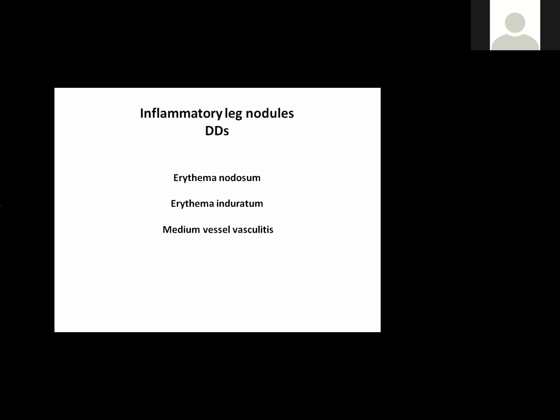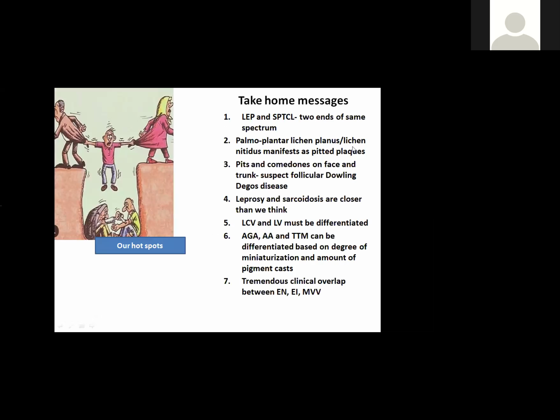So from these 7 tight spots that were extremely challenging to me, these are the various take-home messages. Lupus panniculitis and subcutaneous panniculitis-like T-cell lymphoma are probably two ends of the same spectrum. When we look at hyperkeratotic plaques with pits on the palms and soles, we must think of lichen planus and lichen nitidus and look for evidence of these dermatoses elsewhere on the body.